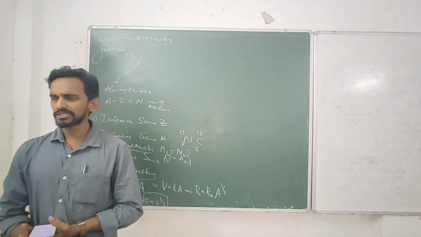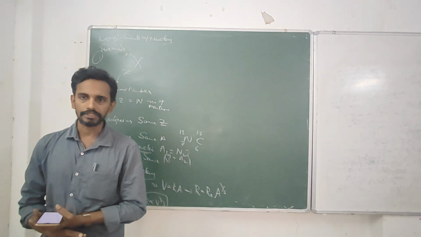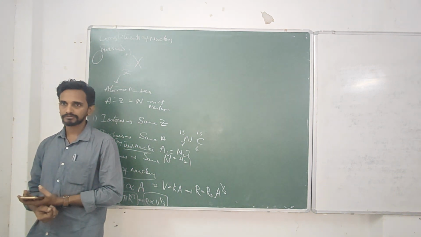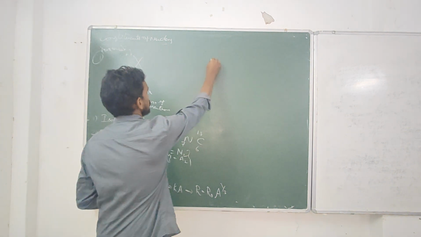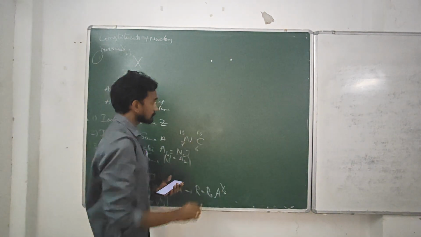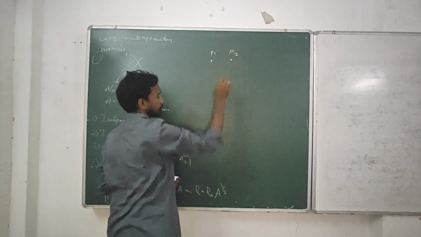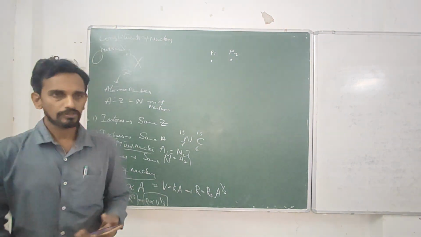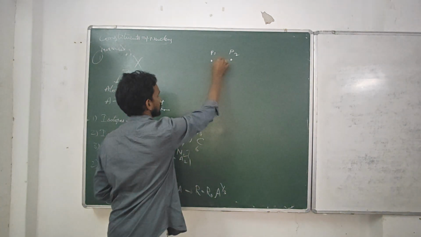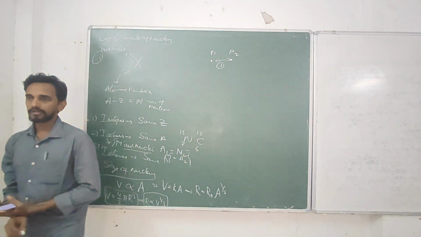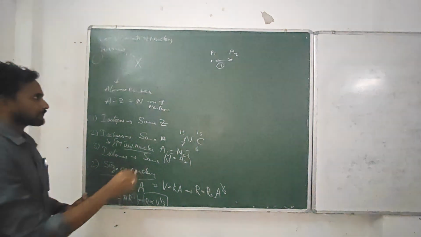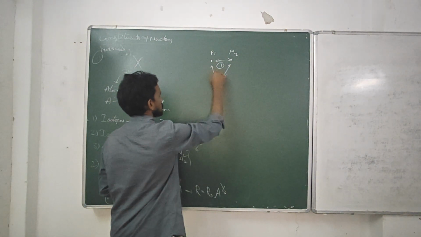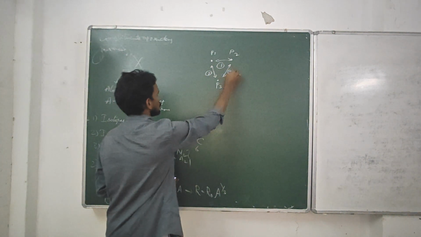So but actually what happens? The missing point here is the number of interactions. Let's say you have 2 protons. How many interactions do you have? You have 1 interaction. Now I am going to add one more. So I will be adding 2 more interactions.